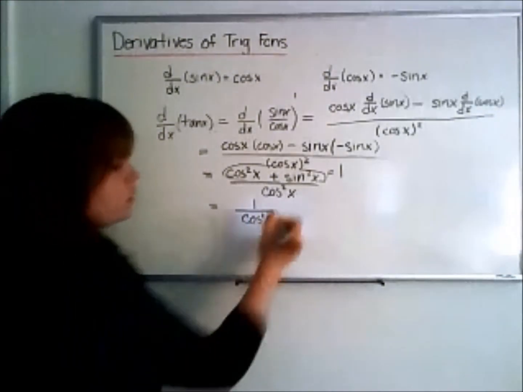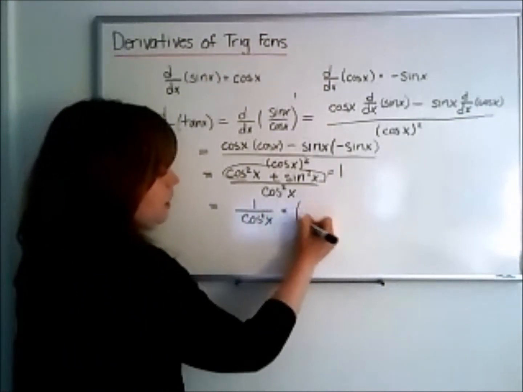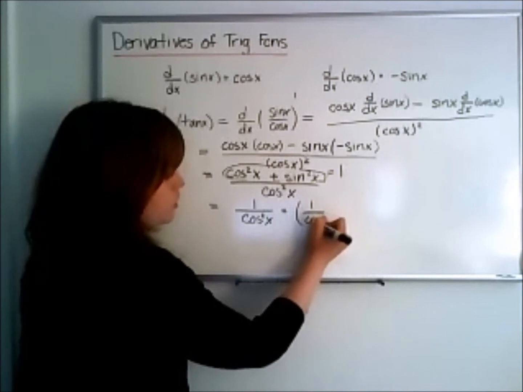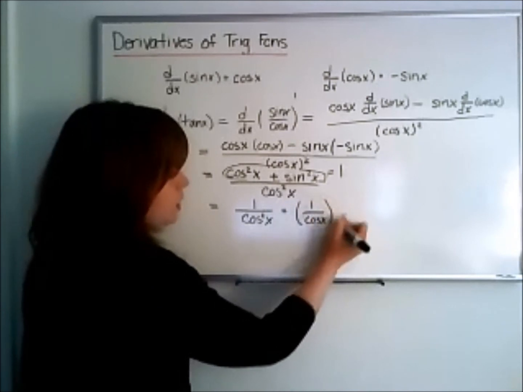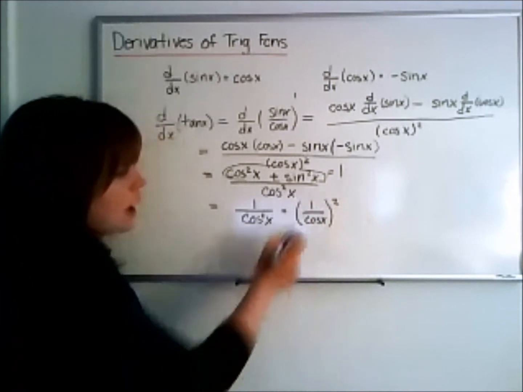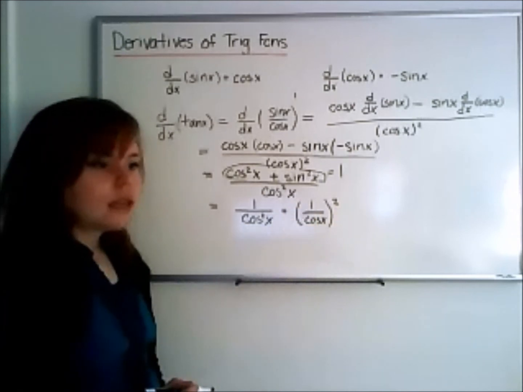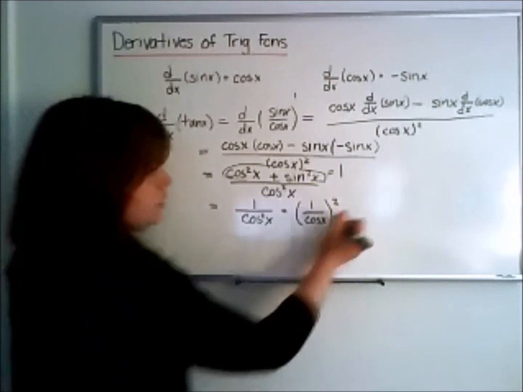Rewrite this again. We'll have 1 over cosine of x, that quantity squared, and 1 over cosine of x is secant of x.